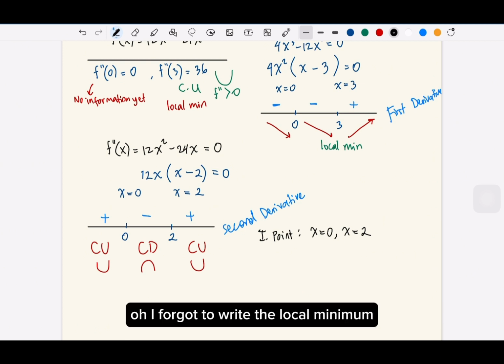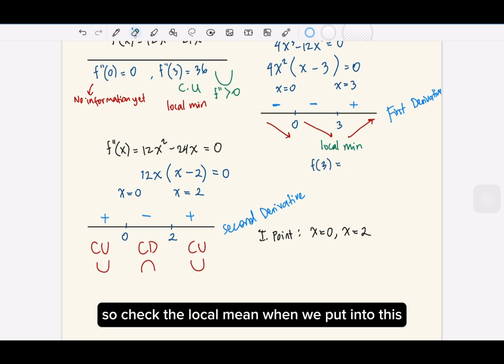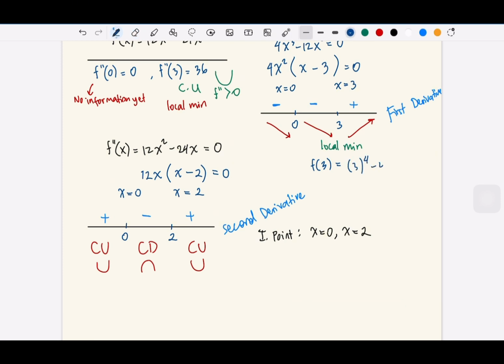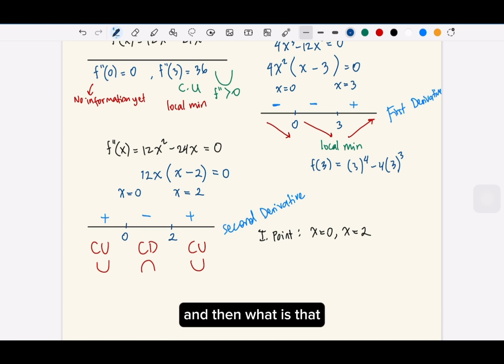Oh, I forgot to write the local minimum. Check the value on the original equation. Check x equals 3 on the function. The function is x to the power 4, right? So we check the local minimum when we put 3 into this. And then what is left? 27.